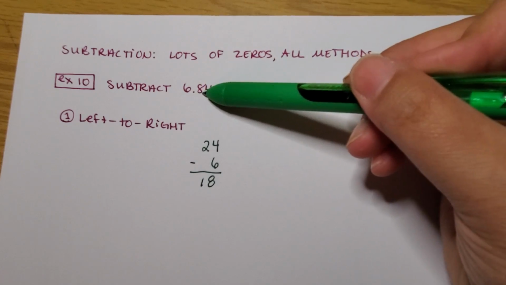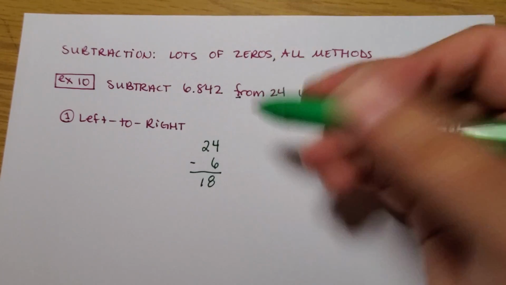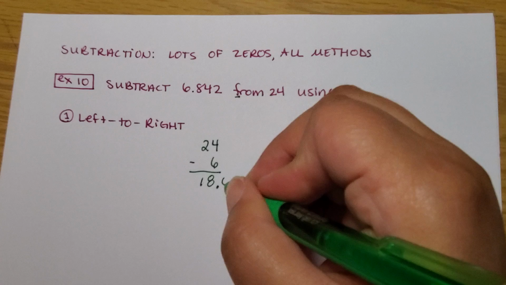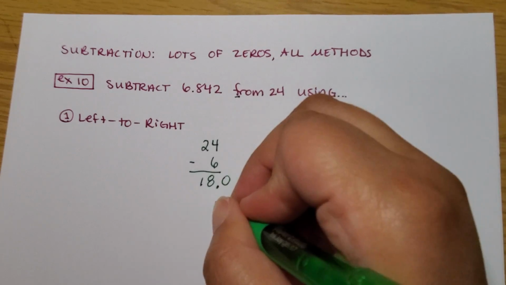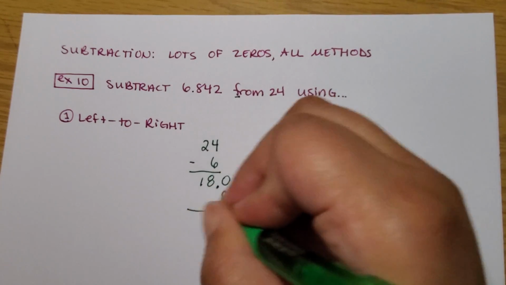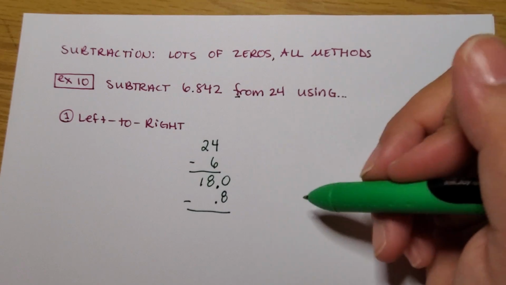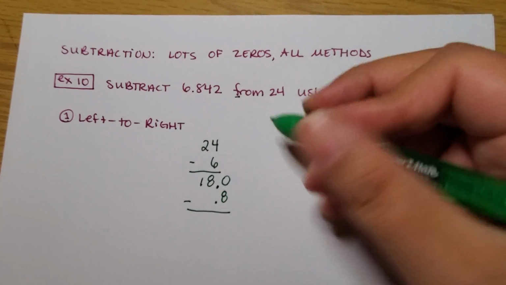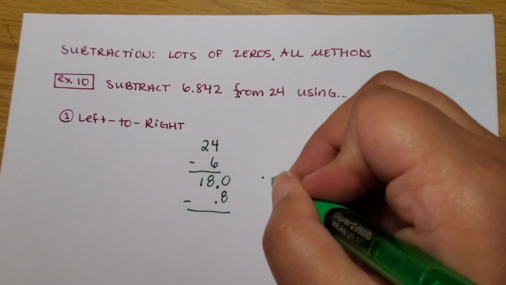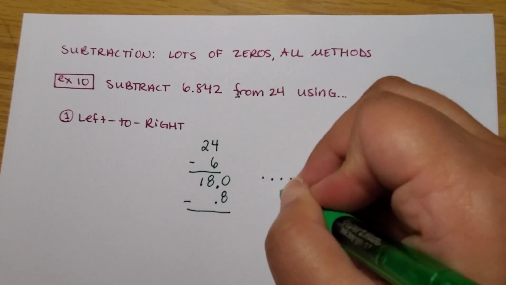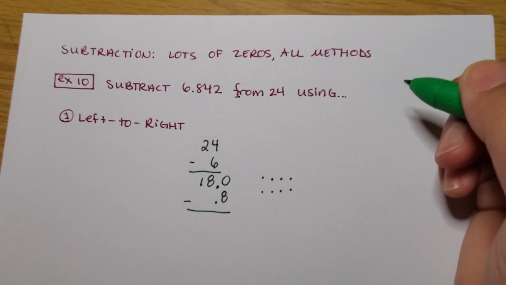Next, I'm going to have to subtract 8 tenths. So I'm going to put a tenths place here so that I can subtract 8 tenths. For this one, I'm going to draw 8 dots for me to count down. 1, 2, 3, 4, 5, 6, 7, 8.